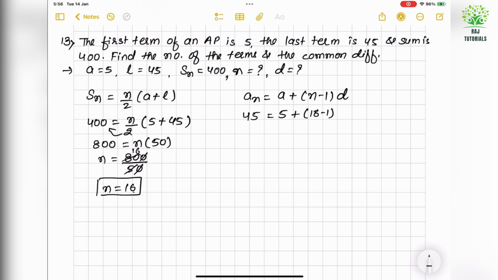So (45 minus 5) upon 15 equal to d. So 40 upon 15 equal to d. So d equal to 8 upon 3. So I got both the values n and d as 16 and 8 by 3.